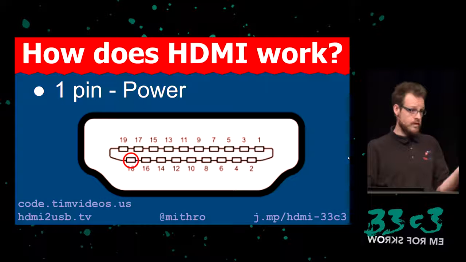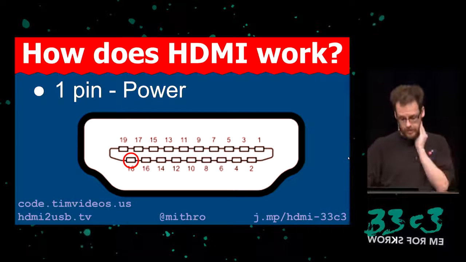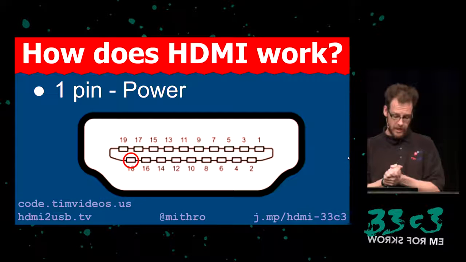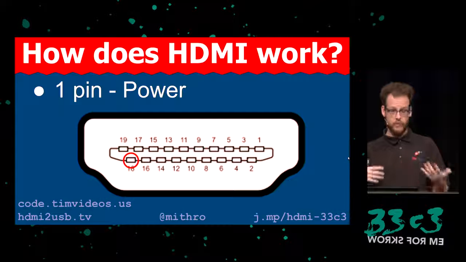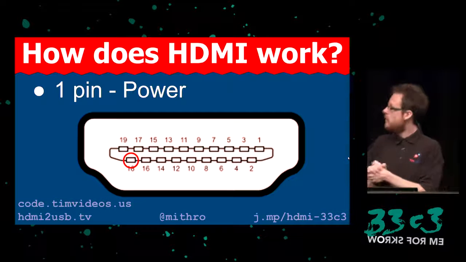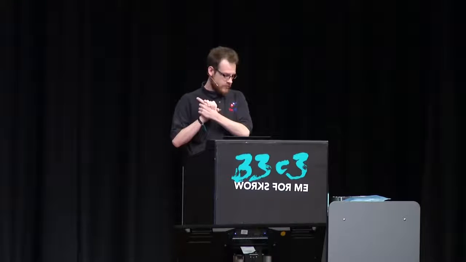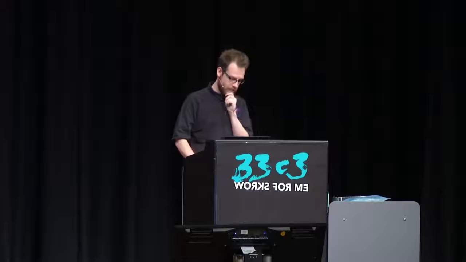It gives you 5 volts at 50 milliamps. You can't do much with 50 milliamps except maybe power some type of adapter, converter, or microcontroller. Some Chinese devices try to draw like an amp from this. That's not very good. So that's another thing you should watch out for.